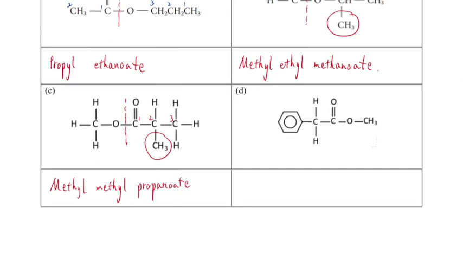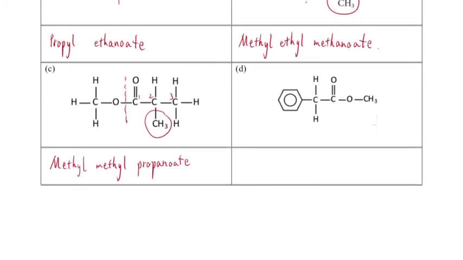Here some of you may ask, why don't we need to label the position of this methyl group? Can we put it at a different position? Can we move it to this position? We can actually draw the possible way.